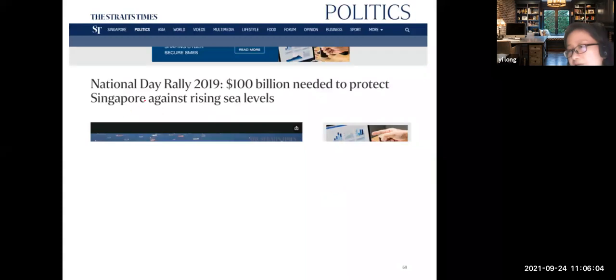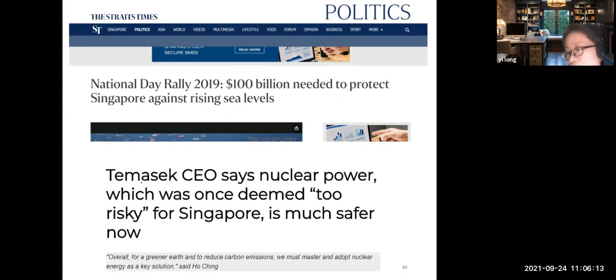I think I gave you one: in the National Day Rally in 2019, it was said 100 billion is needed to protect Singapore against rising sea levels. So they said nuclear power; Singapore might consider nuclear power as one of the choices for renewable energy. Okay, so it is much safer now. So the Singapore government even considers nuclear power to be one of the choices for power generation.